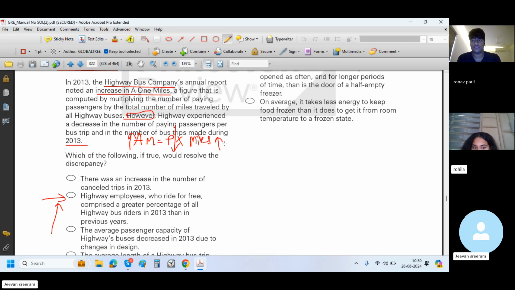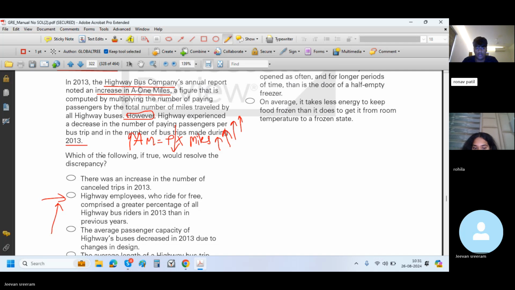Have you got my point? If there is a dramatic increase in the number of miles traveled by the reduced passengers, you can see increased A1 miles. A larger increase in miles, which outperforms the decrease in paying passengers, could lead to an increase in the A1 miles quantity.